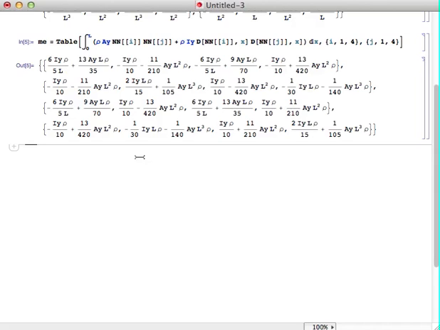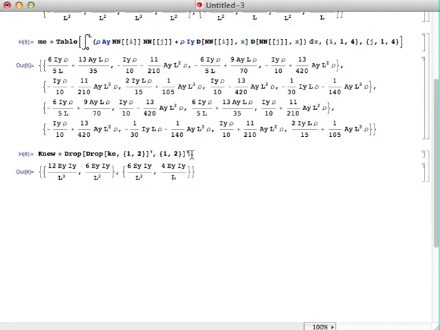I'll say K nu is equal to drop KE, 1, 2, and I'll just drop in that and then do the exact same thing for the mass matrix.